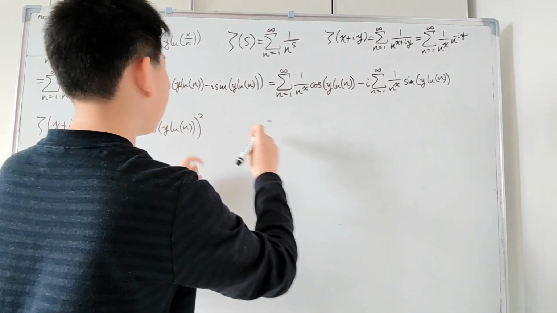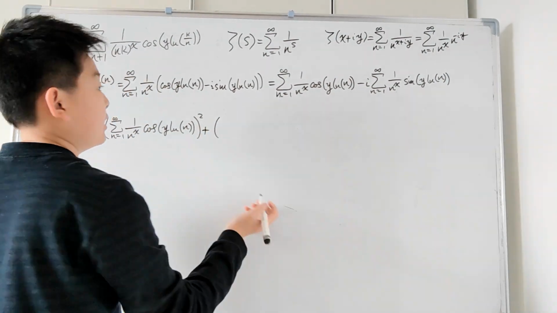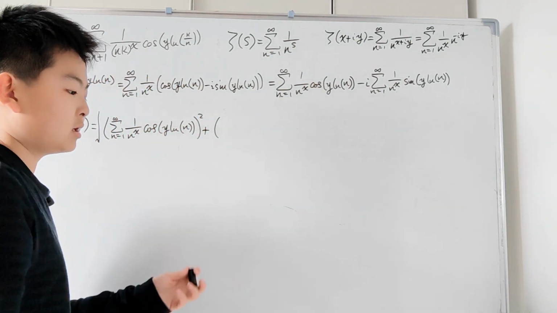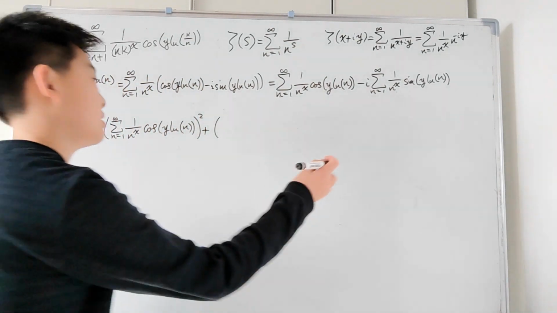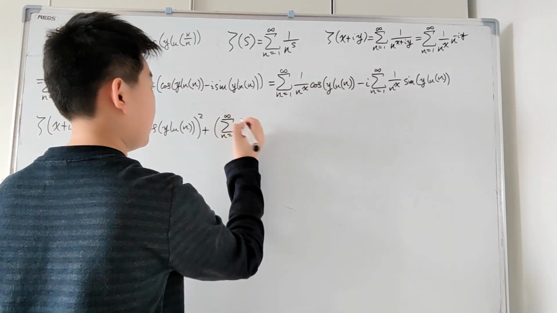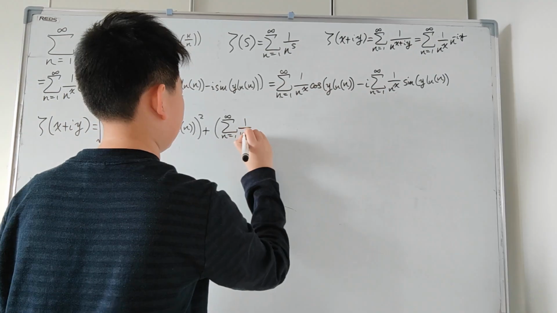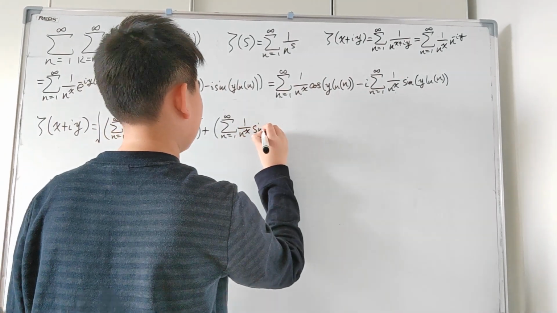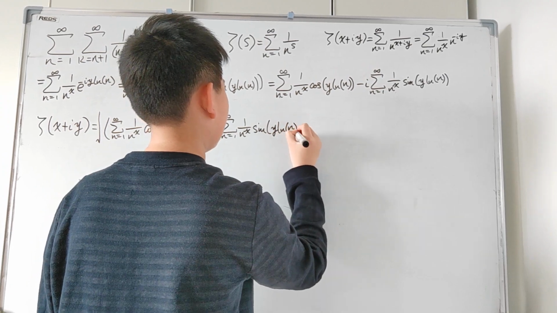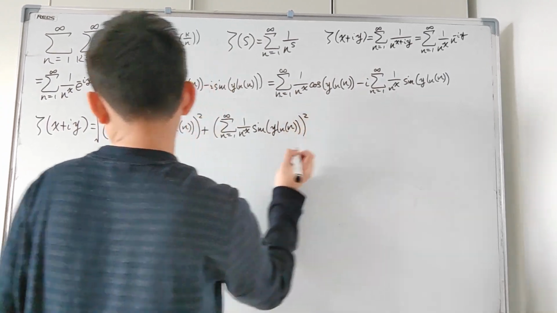Now, this is technically plus, okay, yeah, plus, and then this is going to be minus this sum, but squaring is an even function, so that doesn't matter. We have a sum, n equals 1 to infinity, of 1 over n to the x times the sine of y natural log of n, squared.